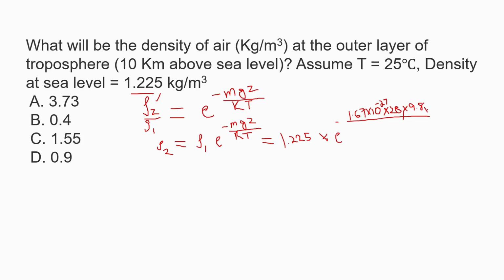Then we have our z, or the distance, that is 10 kilometers, which we'll write in meters, which is 10 into 1000, basically 10,000 meters.